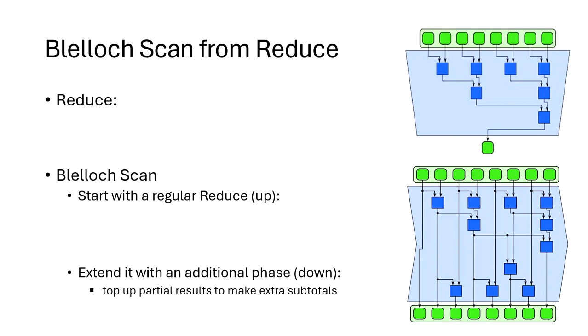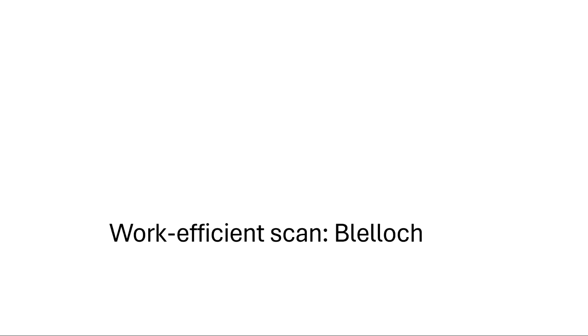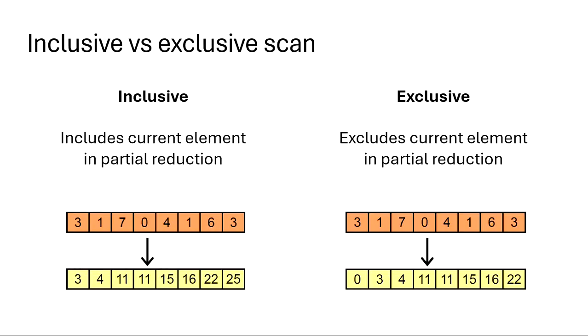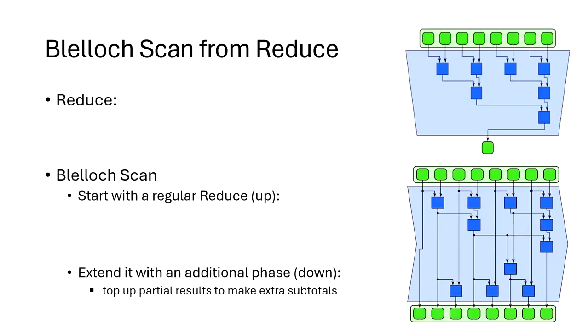The Blelloch scan takes the idea of extending the reduce algorithm very literally. When I introduced this, I explained that the result of reduce is the total, and the point of a scan is to create these extra numbers, giving you the cumulative sums leading up to it. The Blelloch scan does that absolutely literally.